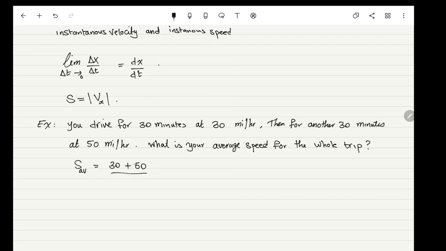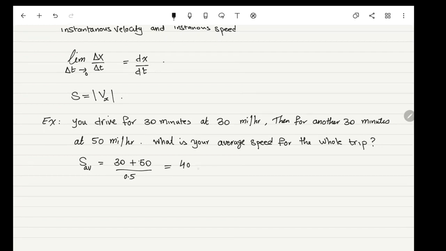The time has to be in hours. So the average speed here is equal to 40 miles per hour.